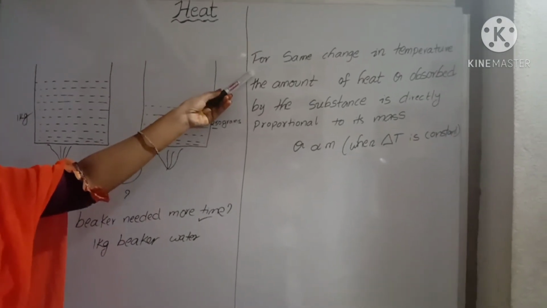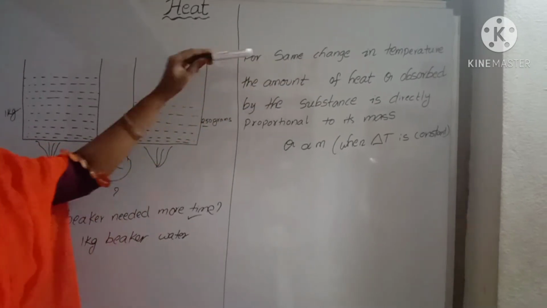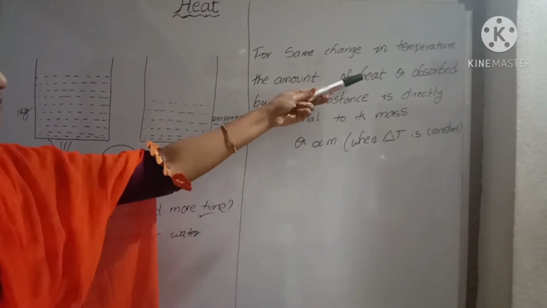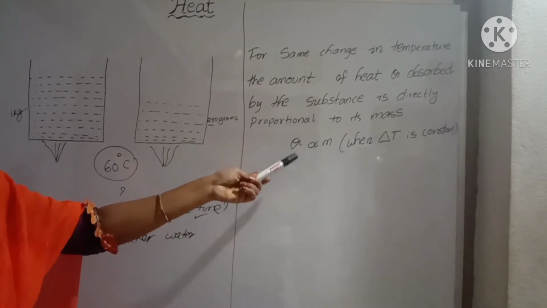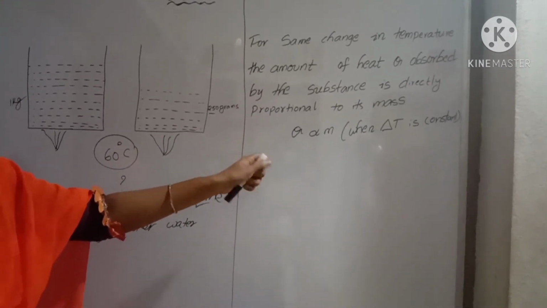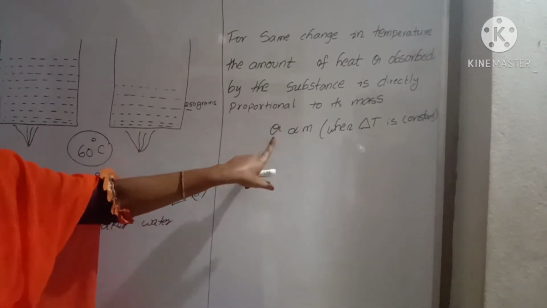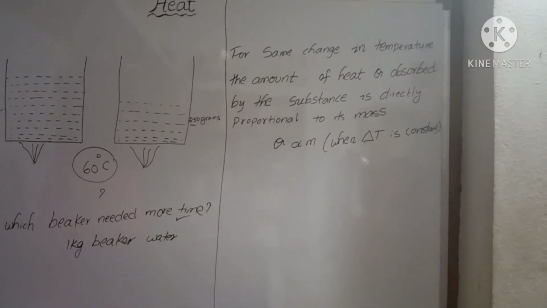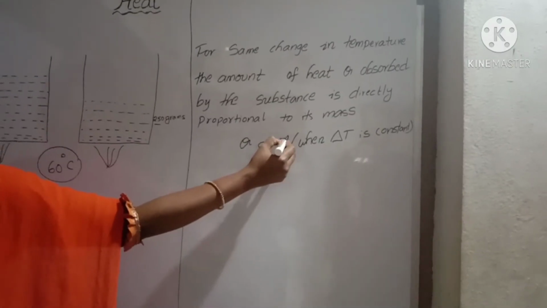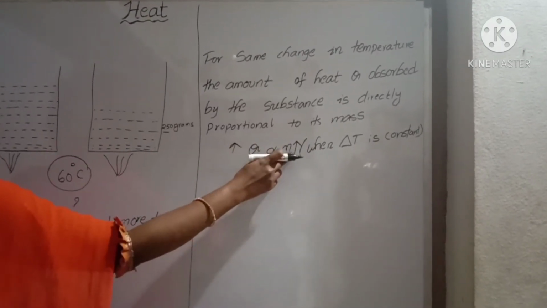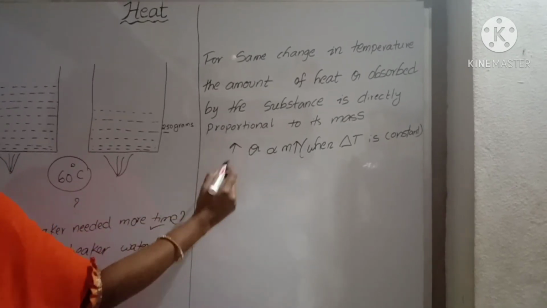Now see here, for the same change in temperature, the amount of heat Q absorbed by the substance is directly proportional to its mass. Here we are taking two quantities, one is 1 kg and the second is 250 grams. If the mass is more, we have to give more heat energy to that quantity of water.